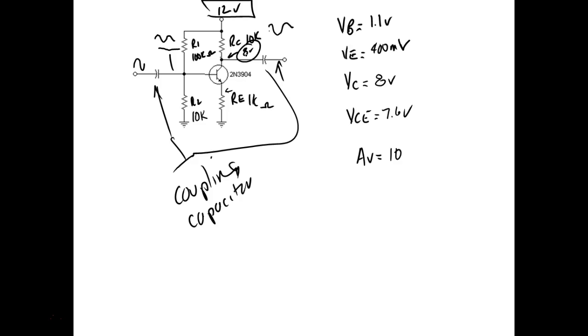So I could do one of two things. I could increase my bias base voltage, which would cause my current to go up, which would cause this resistor to drop more voltage, right? You understand? Or I could change the size of these resistors. What I'm shooting for is to match the impedance of this guy over here.